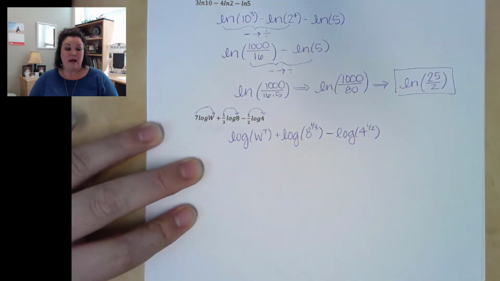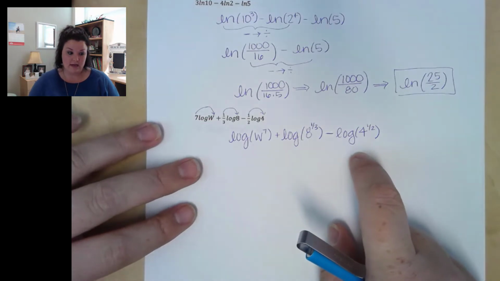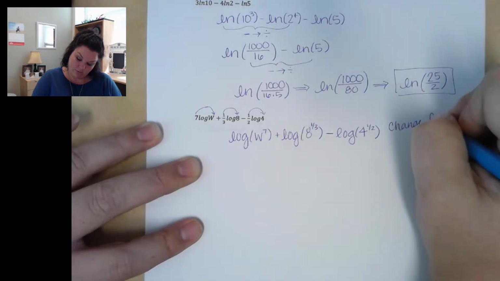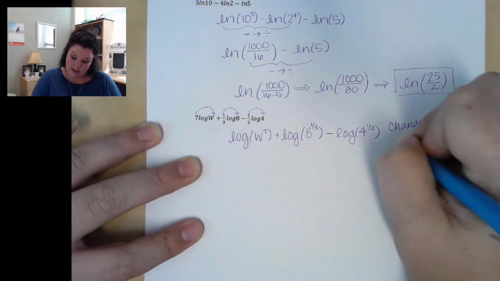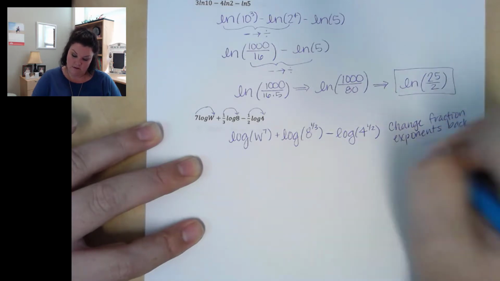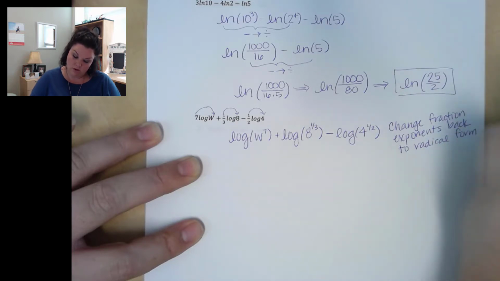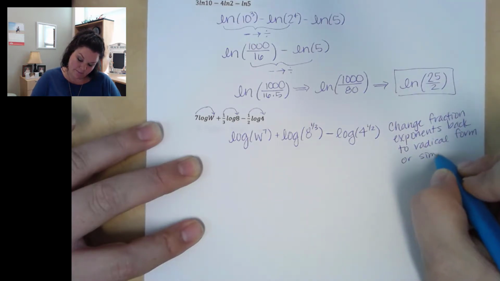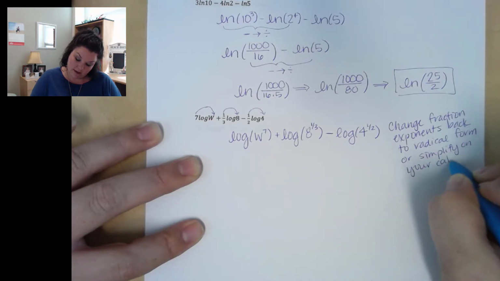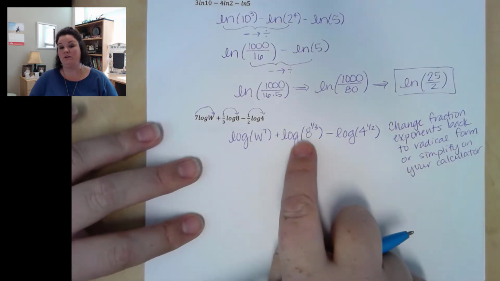Now remember, fraction exponents represent radicals. So I'm going to say change fraction exponents back to radical form or simplify on your calculator, because most of the ones they give you will simplify.